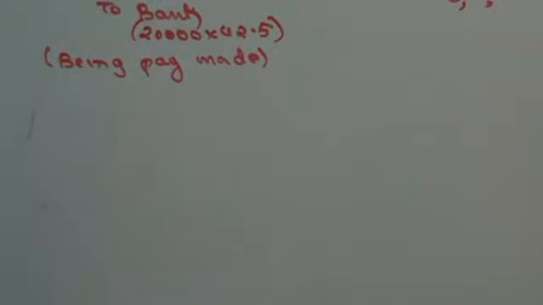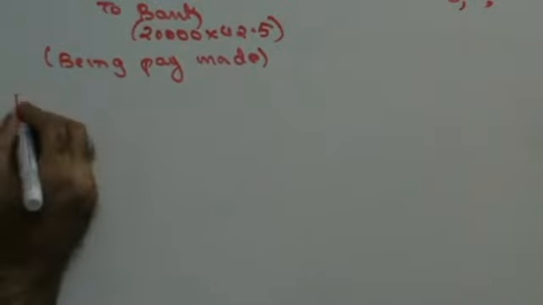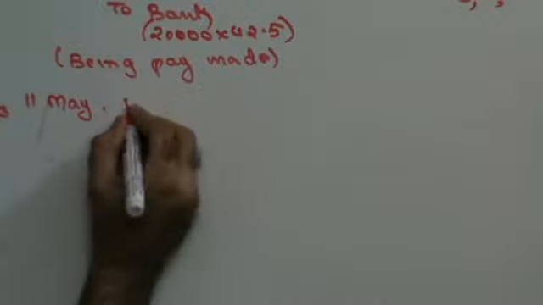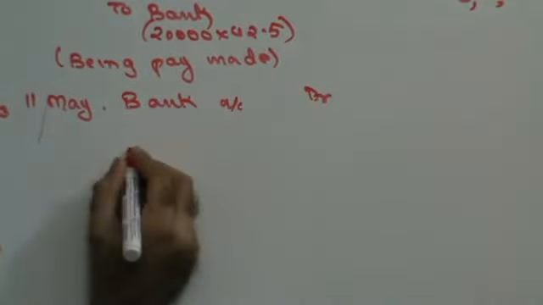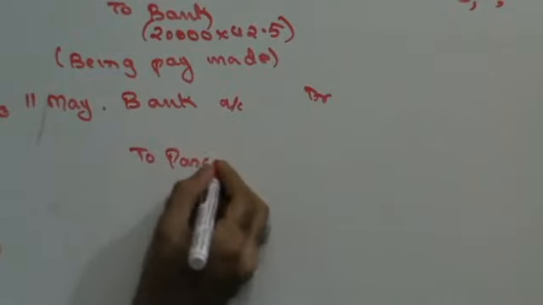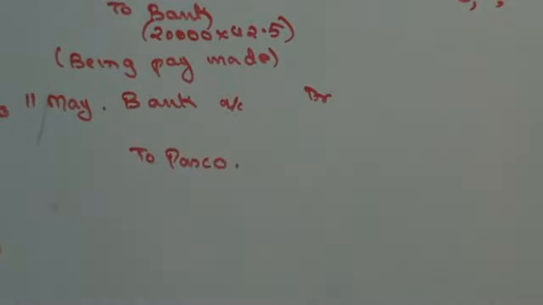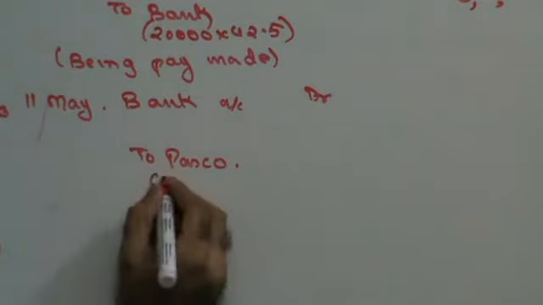Next, on 11th May, you're going to receive payment from Pasco. Money is coming in. Bank account debit to Pasco, right? You were supposed to receive $35,000.